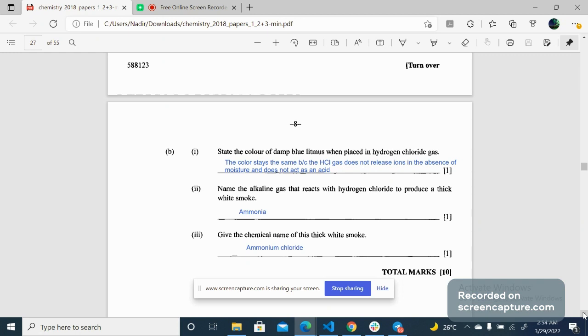So here it remains in its original color. When it is damp blue, it will stay damp blue because there is no release of ions in the absence of moisture in the case of hydrogen chloride gas. This hydrogen and chlorine compound, in acidic form, then changes the color.